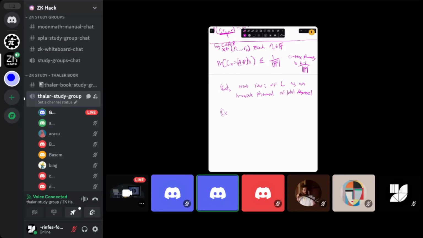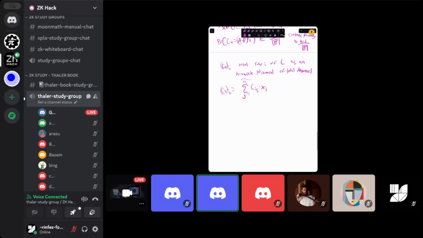Because the ith entry of Cx is the sum over j equals 1 to n of Cij times xj, right? And this function is total degree 1 in x.